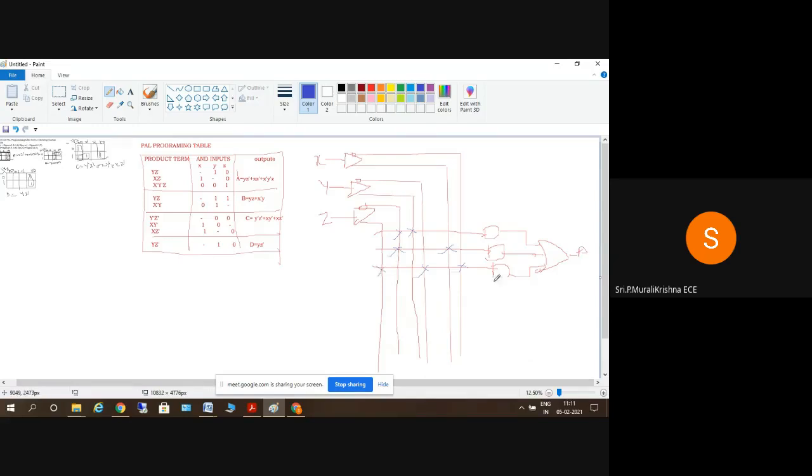So this is A. Okay, so coming to B here. So B also I'll write as 3 AND gates only, but I'll not give the connections to that. 1, 2, 3 AND gates.